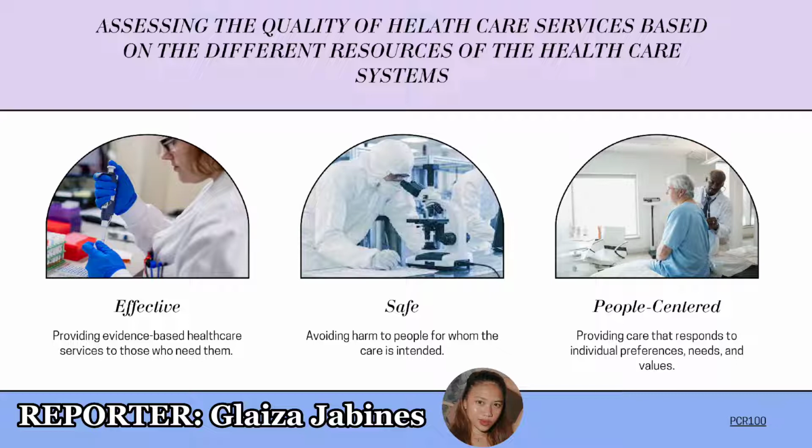So people-centered means providing care that responds to individual preferences, needs, and values. So, preferences, di ba? Not everyone can kanang makatulon o kuan, kanang tablet na tambal. For example, just for an instance.